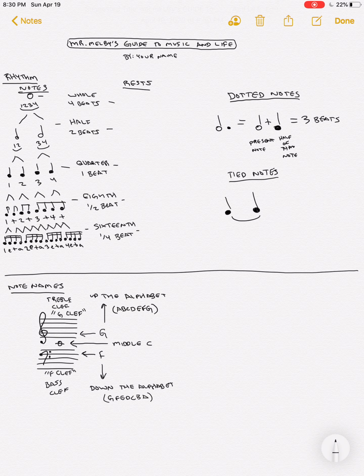This usually looks like it should be a half note, but in this case it might be over a bar line where we can't have a half note. And we simply have to add up each of those to get our length of note.